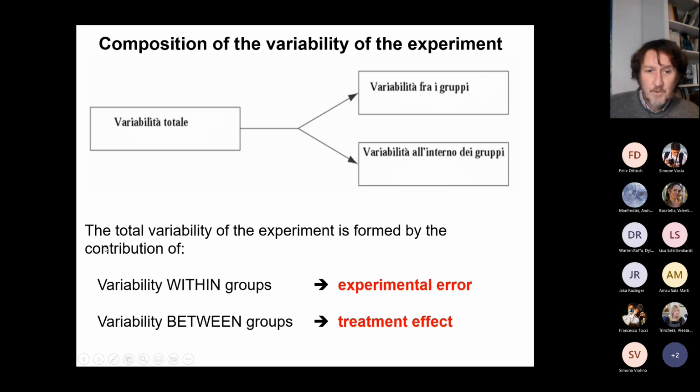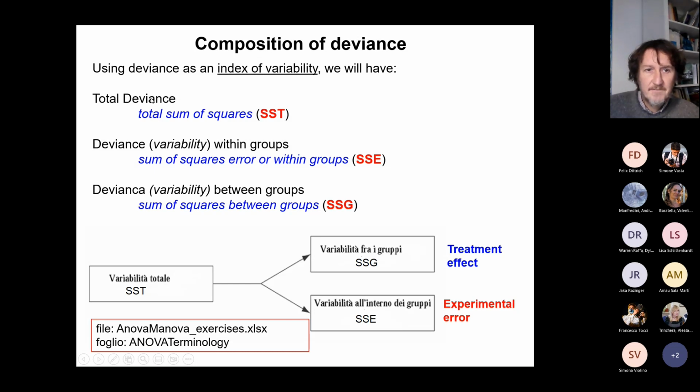We have the decomposition: the variability within the groups, experimental error, and the variability between groups, the treatment effect, that is the effect that we would like to study. So we have a total deviance, total sum of squares, a deviance within groups, sum of squares or error within groups, a deviance between groups, sum of squares between groups. And this is the total with the two components, treatment effect and experimental error.